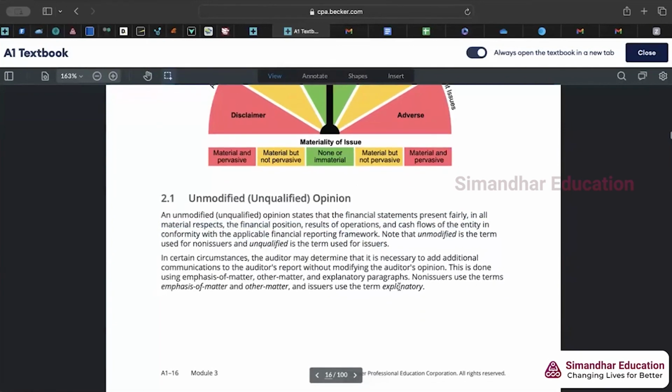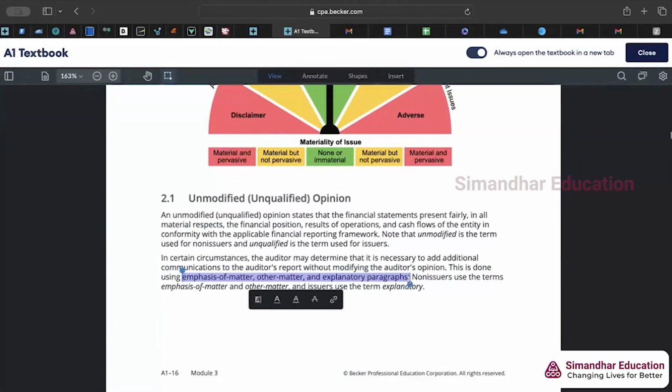In certain circumstances, auditor may determine that it is necessary to add additional communication, even though there is an unmodified opinion. You want to give some more explanation to the users of financial statements. That is when you add emphasis of matter paragraph and explanatory paragraphs. You're not modifying your opinion.